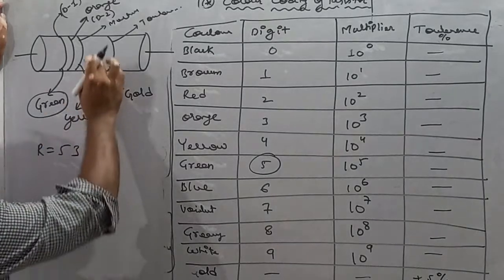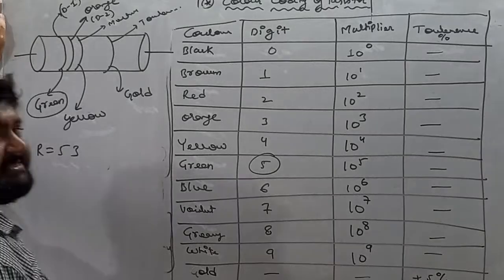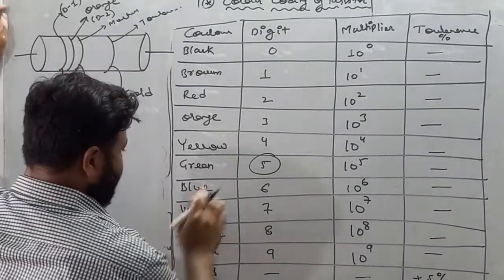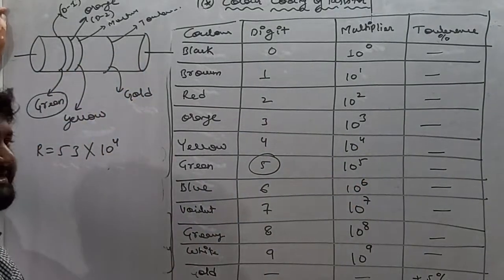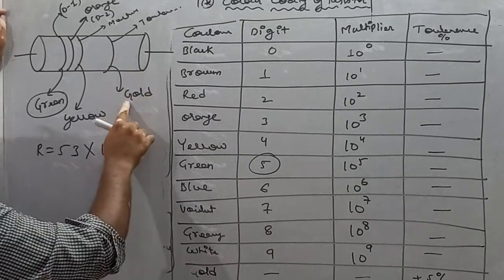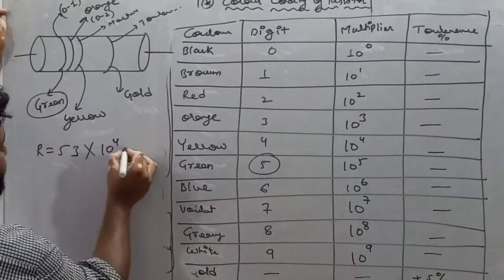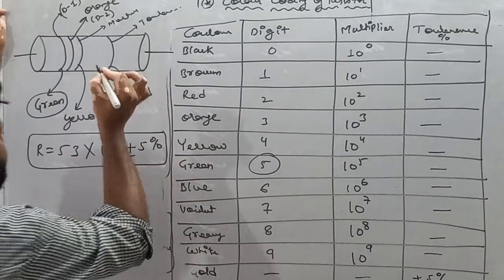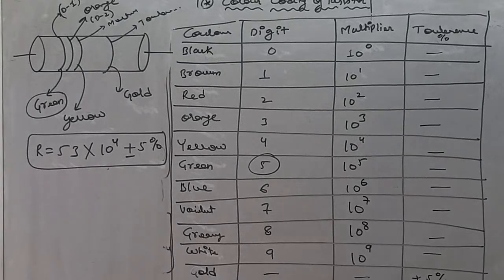So 5, 3. Next, the third band is yellow and represents the multiplier. Yellow is 10 raised to power 4. Next is tolerance. Tolerance is always calculated in percent, and the color is gold, whose tolerance value is plus minus 5%. So write down plus minus 5%. This is the value of resistance given with color coding.